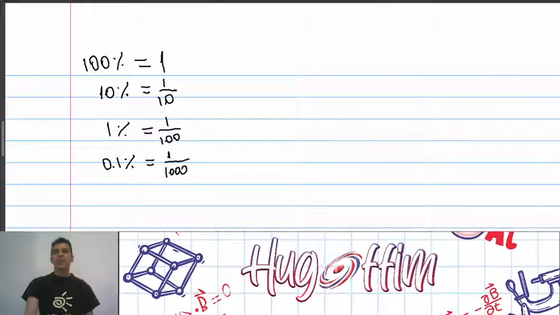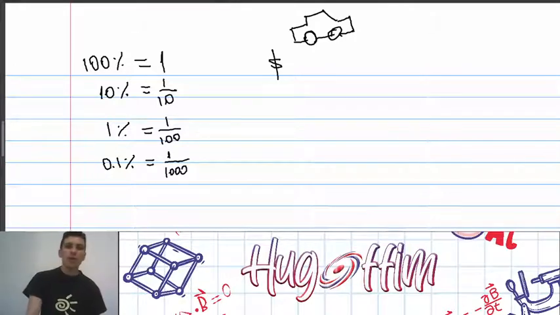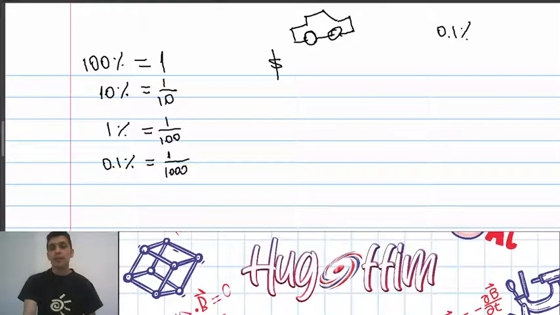Okay, so for example, let's say that you want to buy a car. You ask the bank for money, and the bank is going to give you 0.1% of credit, and you want to know what is 0.1% of $32,500.